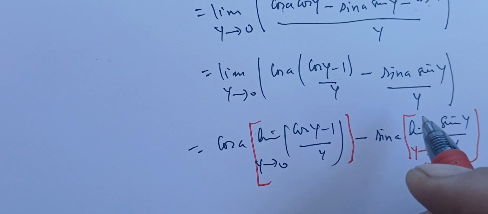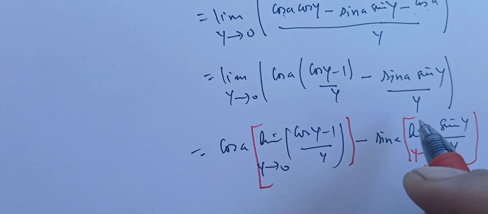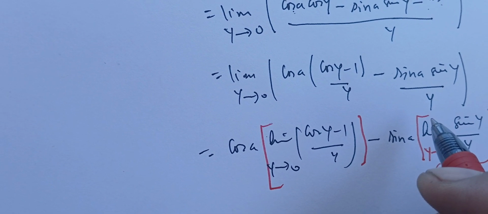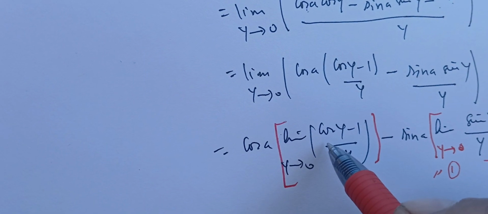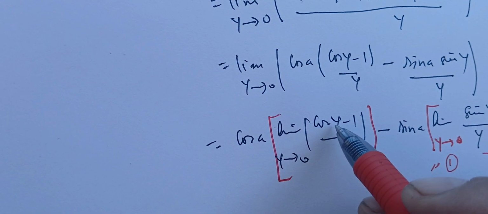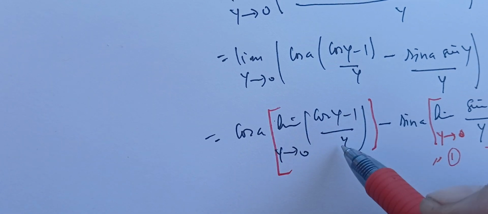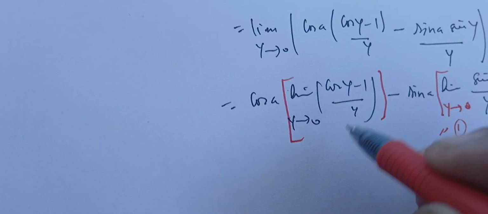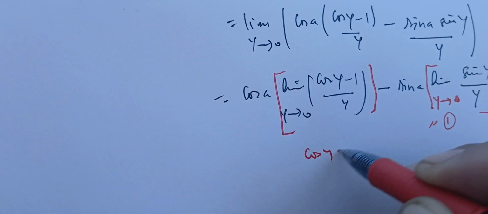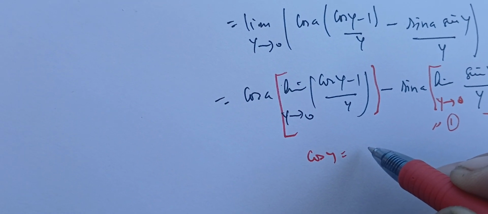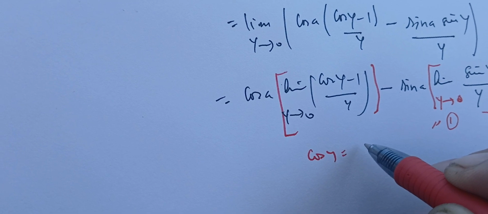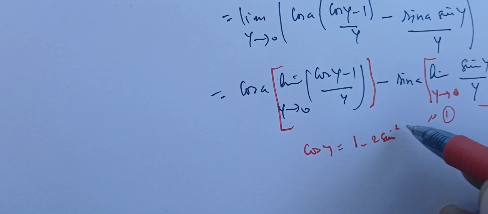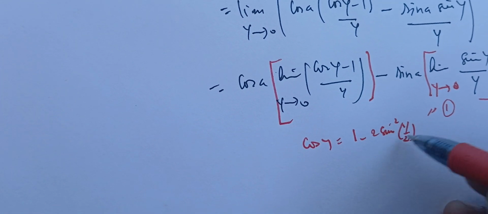To find this limit, which is of the form 0 over 0, we can do the following. We know that cosine of y, written in terms of the sine, is 1 minus 2 sine squared of y over 2.